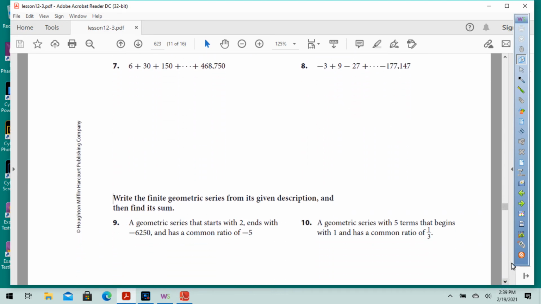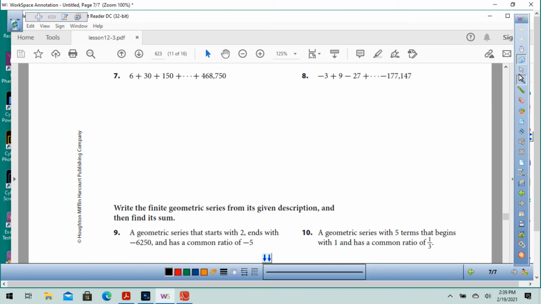Number 7. All right. So I got A equals 6. I got R equals 30 divided by 6, which is 5. I need to figure out what n is.